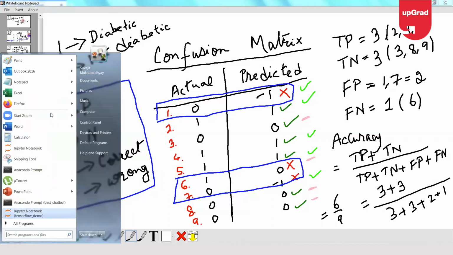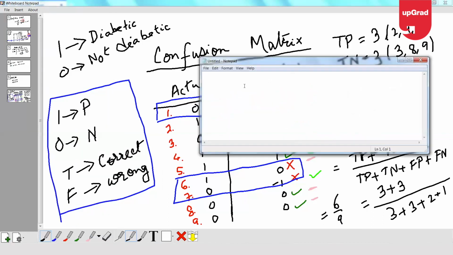If you have to write just one line about the confusion matrix, true positives are what? I predicted something positive. It became true.